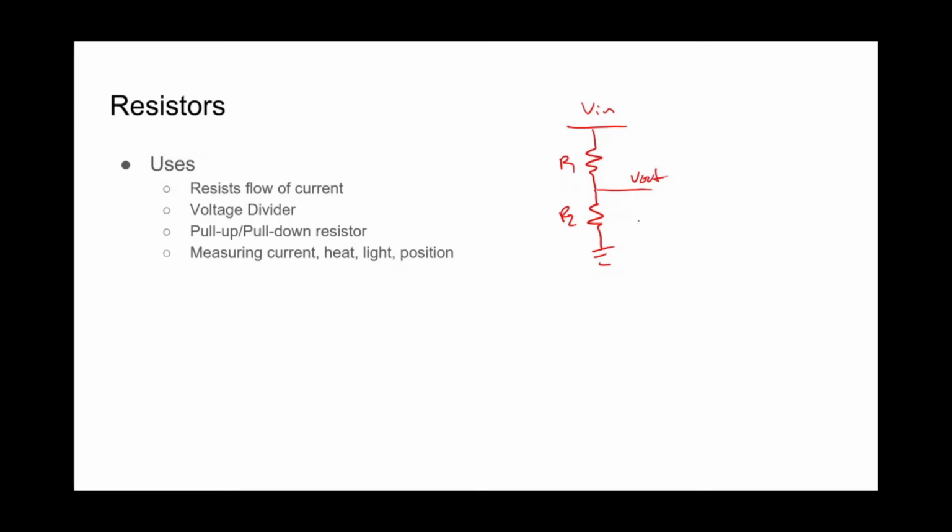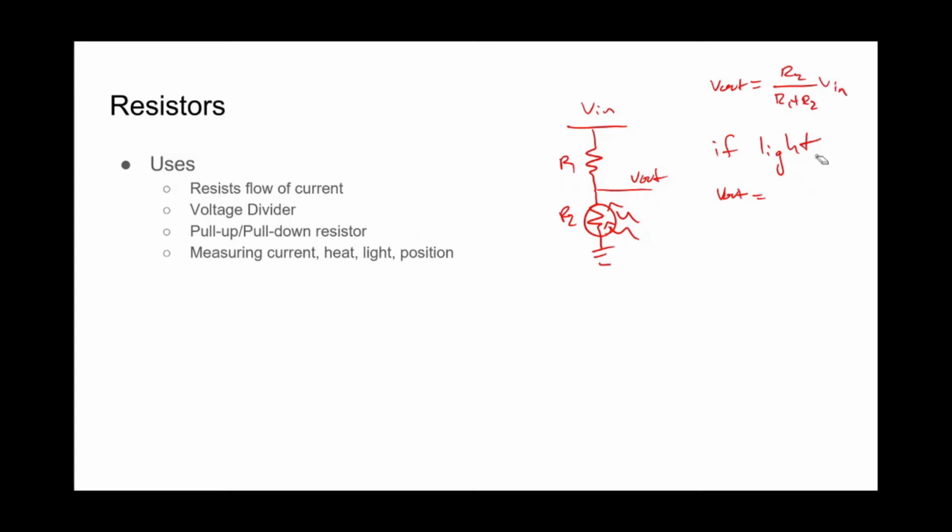Okay, so if this is a photoresistor, if it's light, then the resistance will be very, very small. So we could say that V out, we remember this from last time, equals R2. I should write this up here. V out equals R2 over R1 plus R2 times V in.